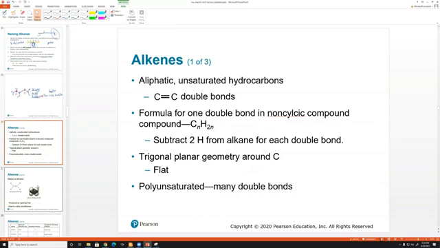So it's not 2n plus 2 anymore, because to get from C2H6, that is ethane, to C2H4, which is ethene, you can see where those 2 hydrogens get removed. They get removed here, and what gets put in place? A double bond. So that would be ethene or ethylene. That's another name they call it. So that's what it looks like.